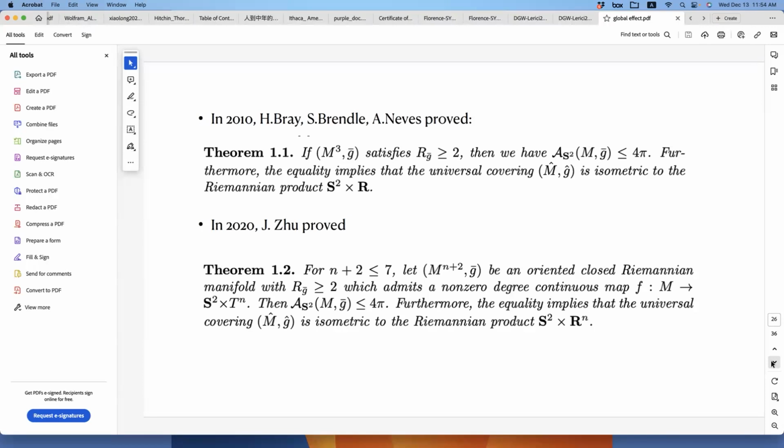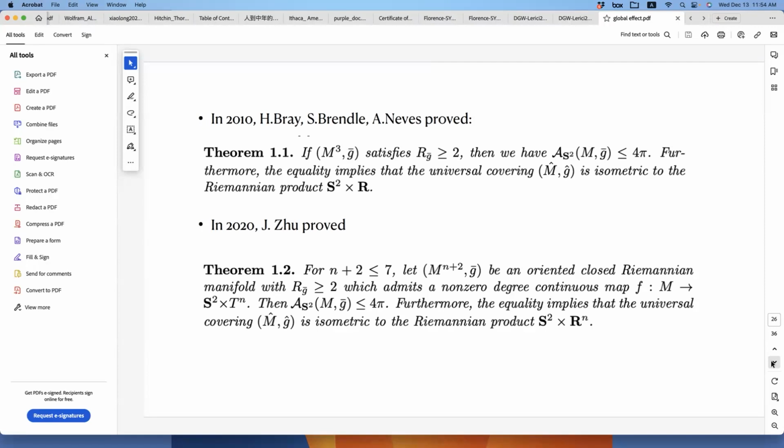Later, Jing and Zhu generalized their result to the high-dimensional case. Now, this is the high-dimensional case. M is an (n plus 2) dimensional manifold, g bar is a Riemannian metric on it, and the scalar curvature is still bigger than 2.